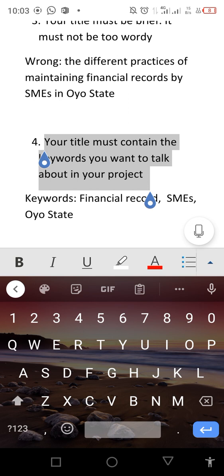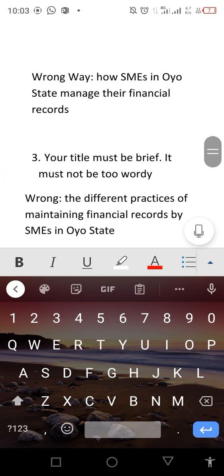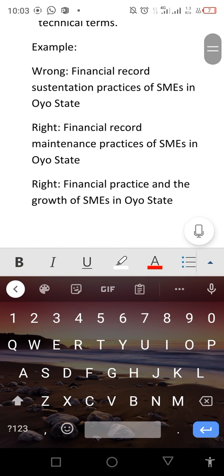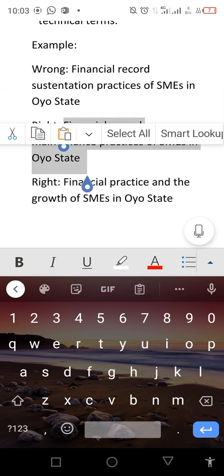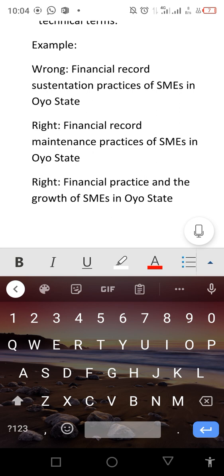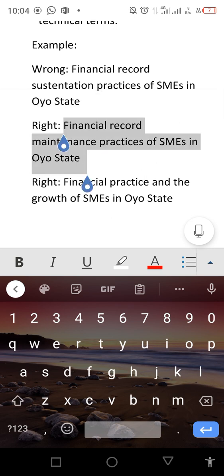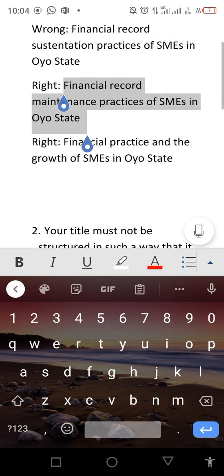You understand? Now, still taking the example of our interest, our first example, like me being interested in writing on how SMEs in Oyo State maintain their financial records. Now, in that topic, let me show you again. We are interested in this, and it is easy for you to detect the keywords here.